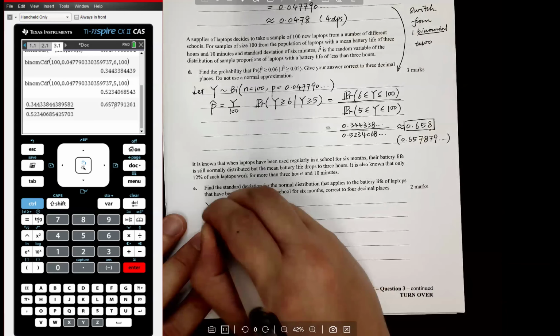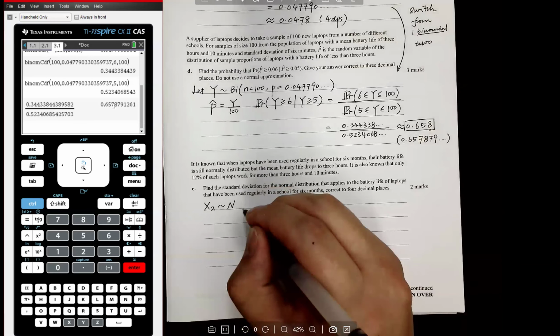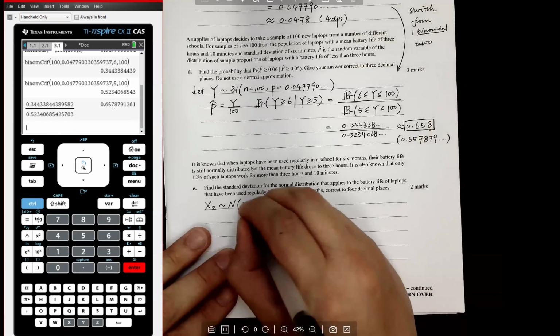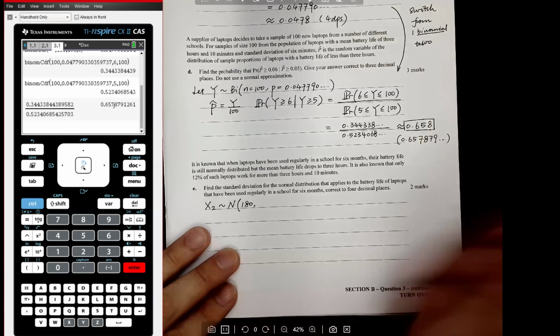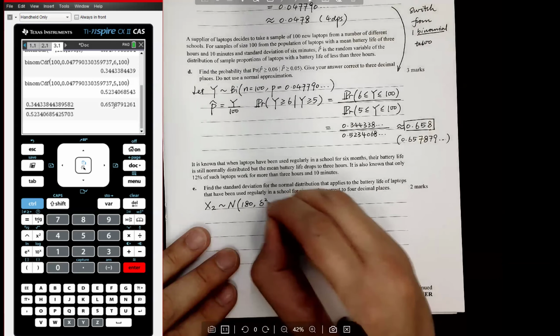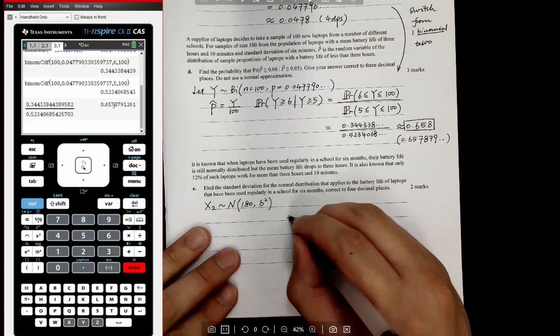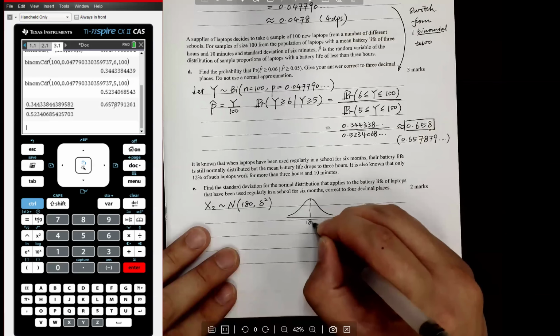So this is another normal distribution for the lifetime of each individual laptop. The mean value drops to 3 hours, so 180, and the standard deviation is unknown, so I put a sigma squared here. And if I draw a curve, the new mean value is 180.